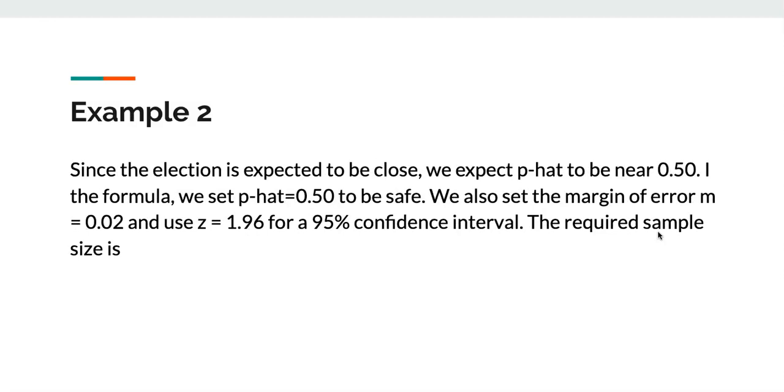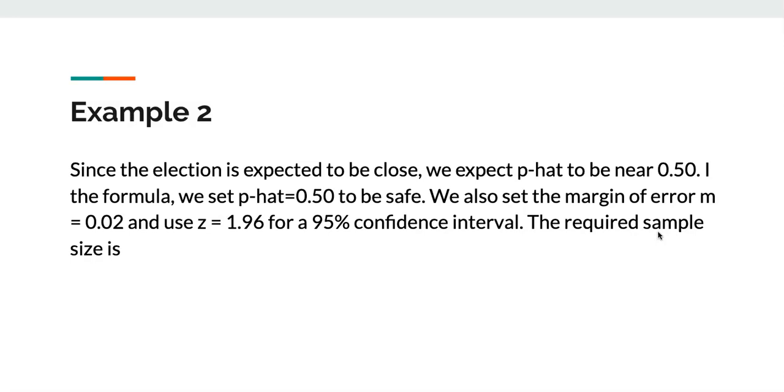So let's see. Since the election is expected to be close, we can expect p hat to be near 0.5. So 50%, 50% sounds like a good number to use. In the formula, we set p hat equals 0.5 to be safe.